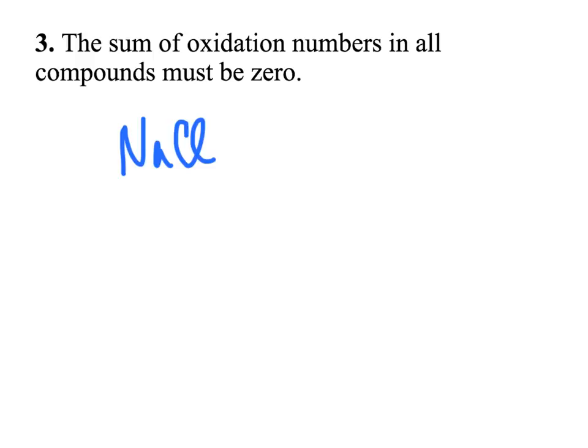We know that chlorine belongs to group number 17, so the ionic charge is predictable, it's -1. And sodium belongs to group number 1, so the charge is predictable, +1. And we can see that the sum of these oxidation numbers gives us 0. Perfect. Let's look at a different example.